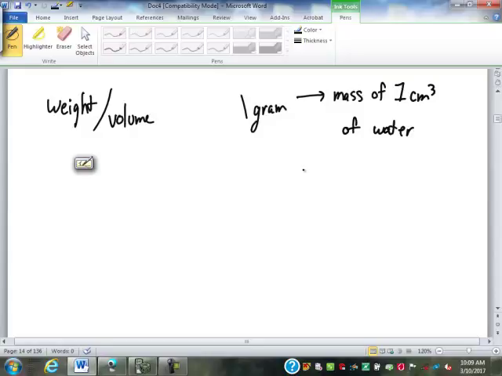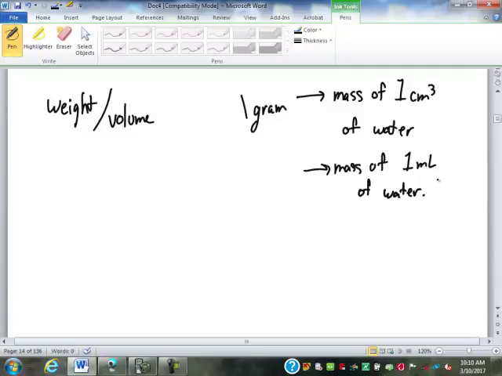Well, 1 cubic centimeter is equivalent to 1 milliliter. I don't know why I made my 1 look like a 7 there. Try that again. 1 milliliter of water. Most of the fluids we use for medication, normal saline especially, is pretty much identical to water.